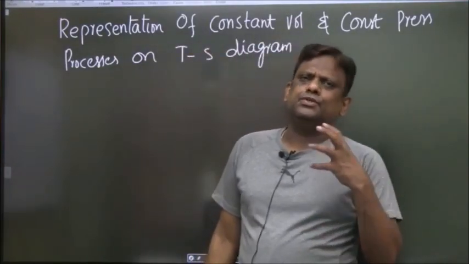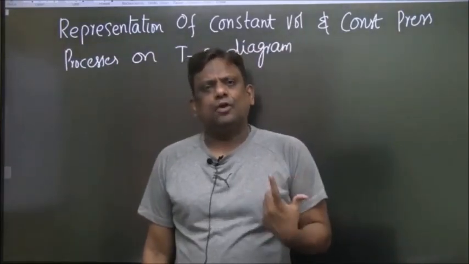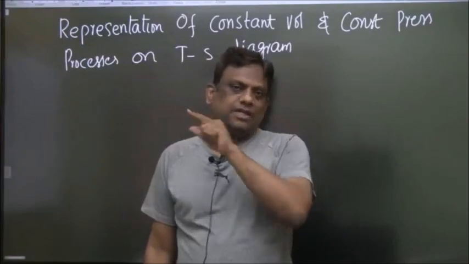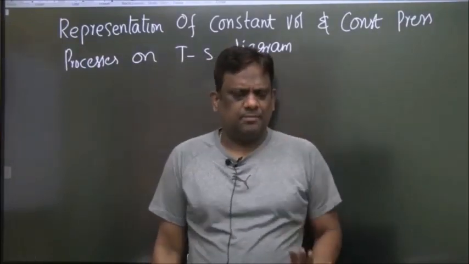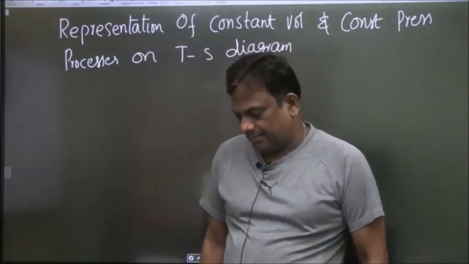It is very easy to represent constant pressure and constant volume on PV diagram, because volume constant means vertical, pressure constant means horizontal. On PV there is no problem, but now I wish to represent it on TS diagram.